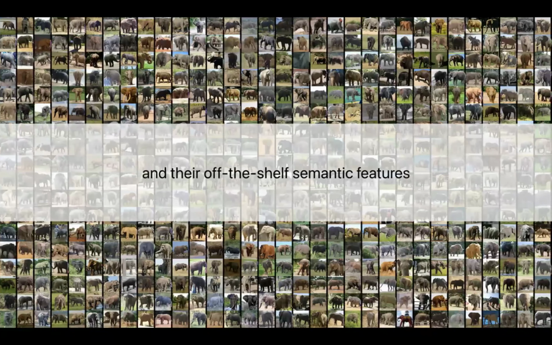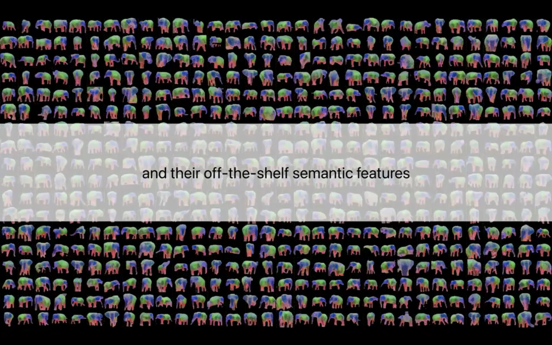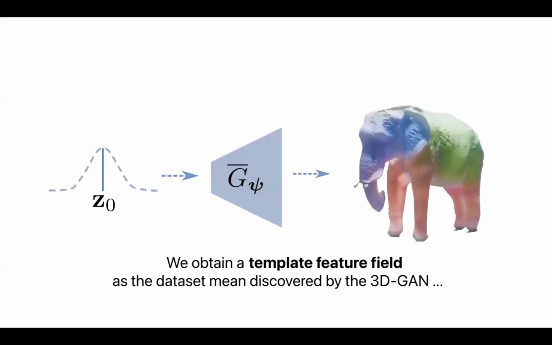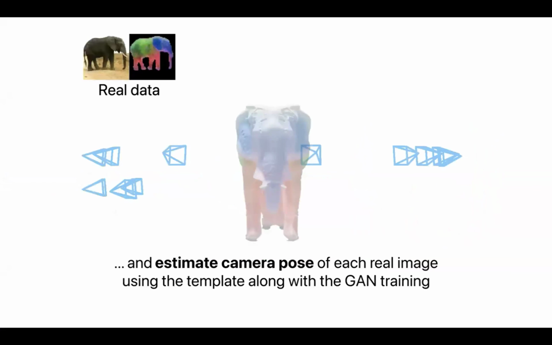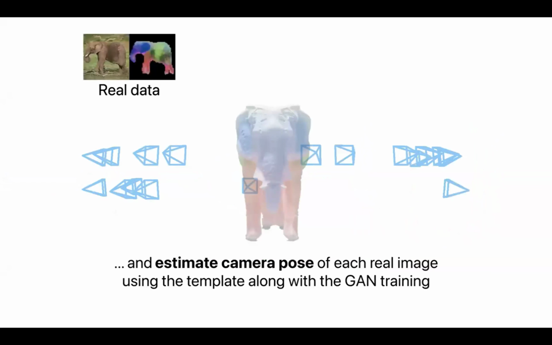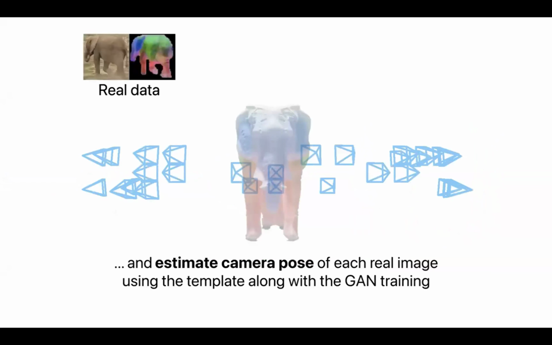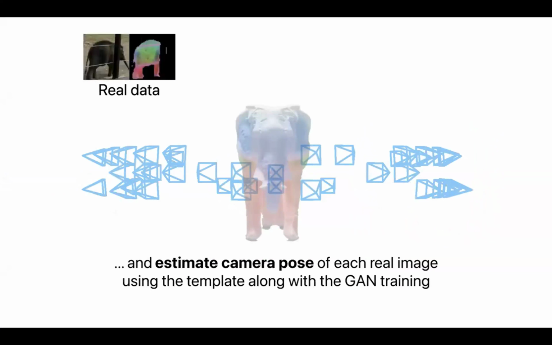And here is more illustration for this process. We first extract all the features based on DINO, and then we learn this template feature field. This template feature field serves as a canonical space for us to solve the pose of each real image. And here, the poses illustrate the pose that we estimate based on the template.